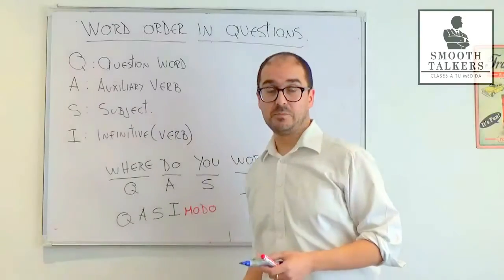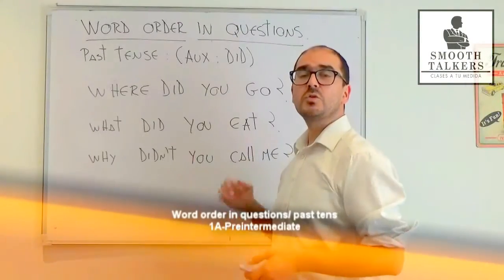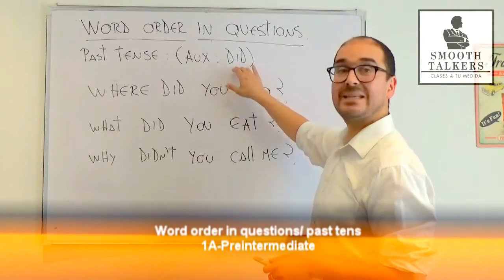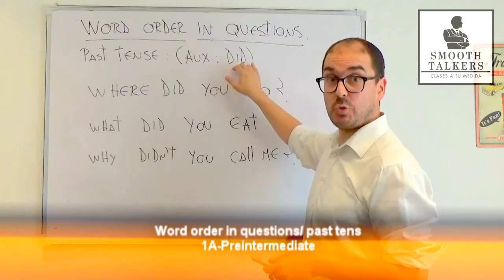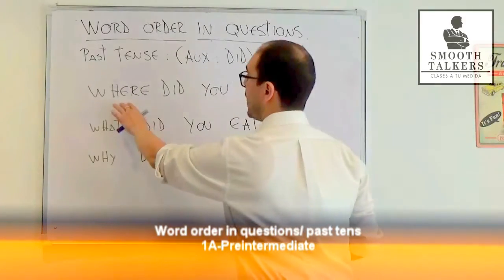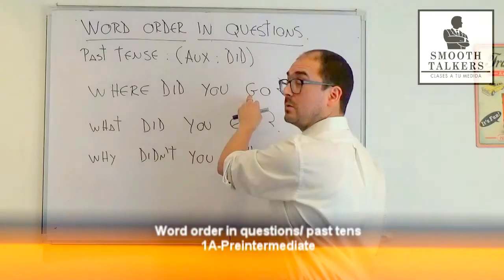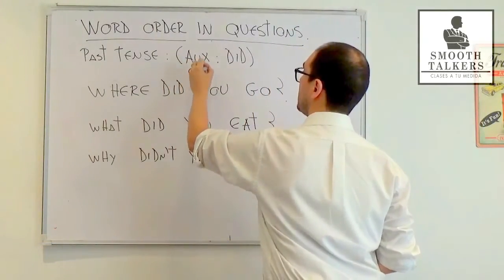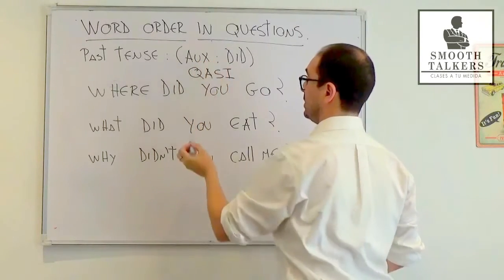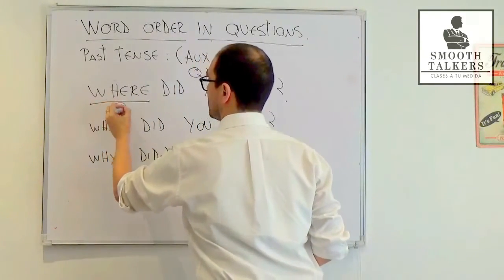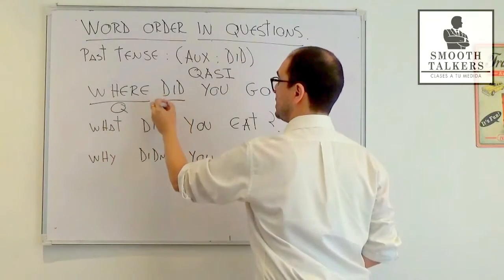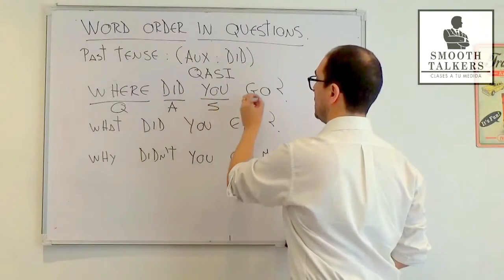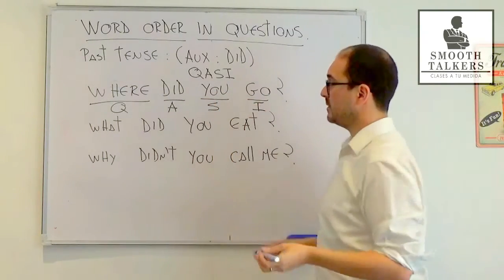Let's make another example now. Now we're going to do some examples in past tense. So our auxiliary verb is going to be did, the past tense of do. Where did you go? It is the same structure. If we apply our formula Q, A, S, I, where is the question word, did is our auxiliary verb, you is the subject, and go is our infinitive.